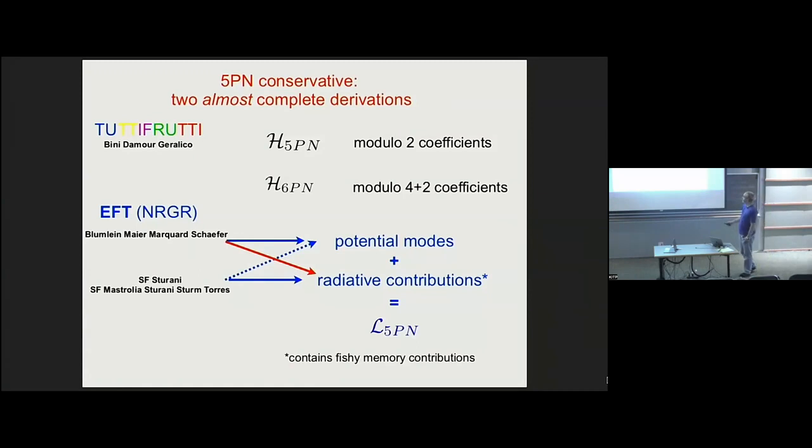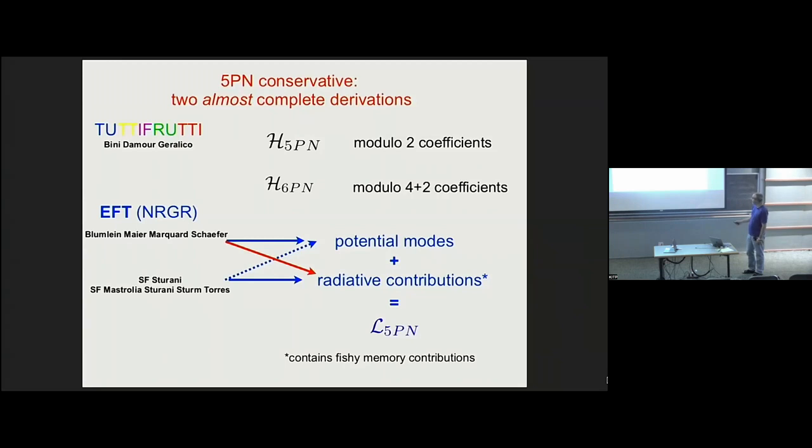The second comes from my tribe, and basically from the contribution of two groups. There is me and Ricardo, who computed these radiative contributions which I'm talking about today. There is the group of Blümlein, who computed the many graphs contributing to the purely potential modes. And there are cross-checks.